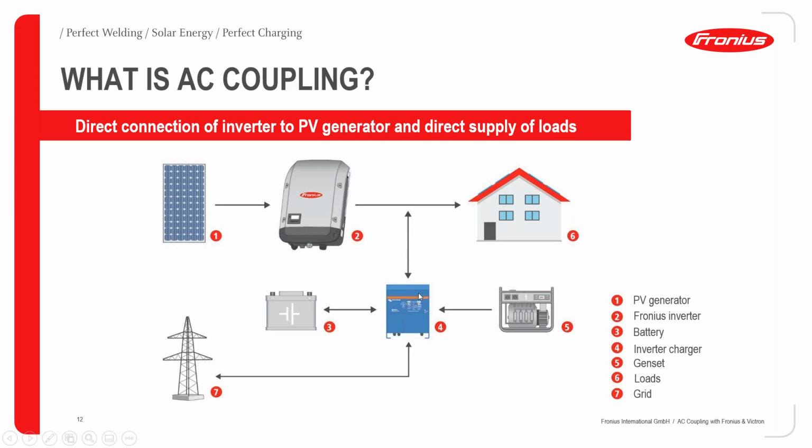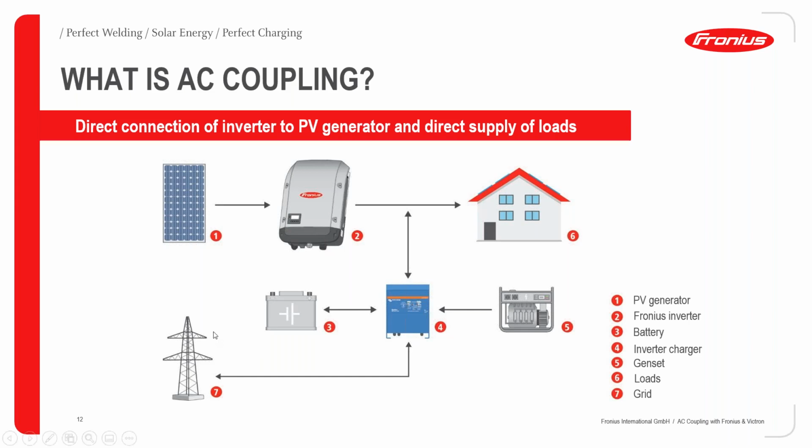And this makes it possible for the battery to be charged via the Victron inverter. Of course, there's a possibility of having the grid connected, and the genset also connected to the Victron inverter. The Victron inverter in this case is the Quattro inverter, the Victron Quattro inverter.